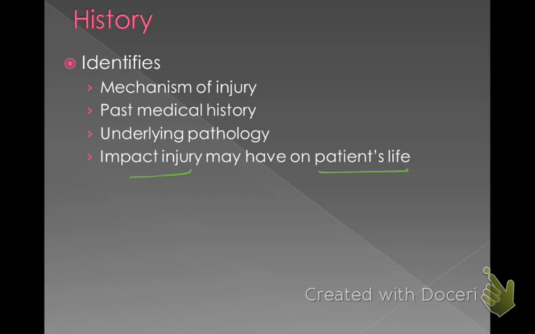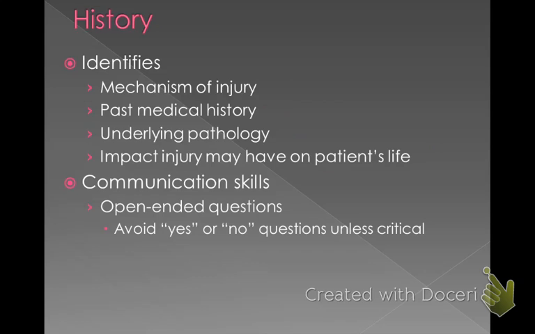So the history is vitally important because of these four factors: the identification of the mechanism of injury, it gives us any prior history, it allows us to assess the actual pathology itself, but most importantly, it allows us to see how this injury will impact the patient's life, season, etc. moving forward.